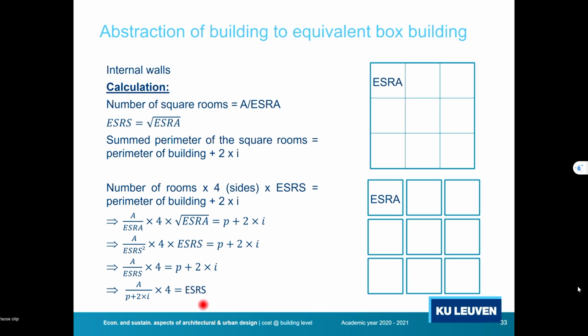The length of the square rooms, so one side, equals 4 times the total floor area of one floor, divided by the perimeter of that floor plus 2 times the internal walls of that floor. And once I know that, I can calculate, of course, the area, because it's just the side multiplied by the other side.